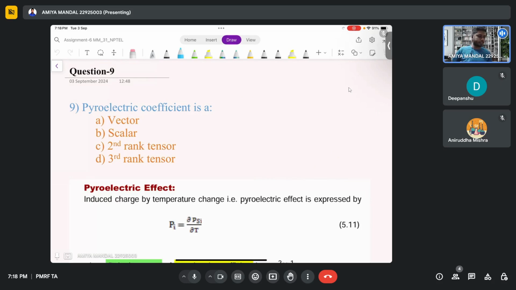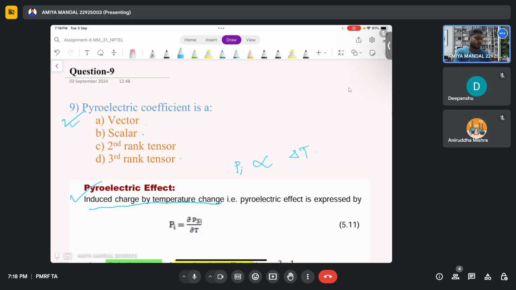Okay. Let's try to find the solution of question number 9. That's the pyroelectric coefficient. Is the pyroelectric coefficient a vector, scalar, second rank tensor, or third rank tensor? Pyroelectricity is nothing but the induced charge by temperature change. Induced charge means polarization with the temperature change.